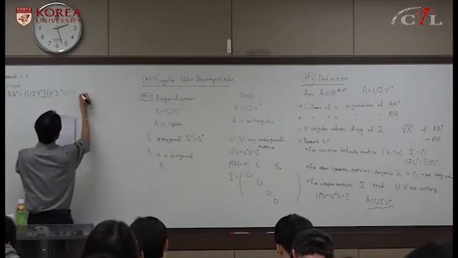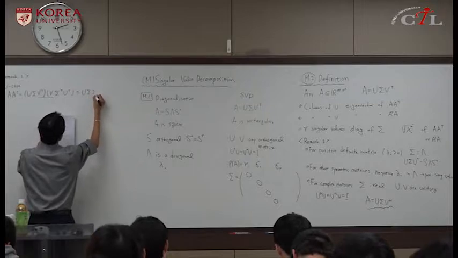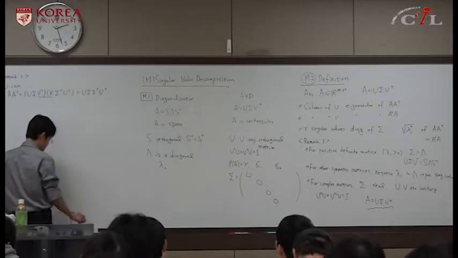Then the middle terms are identity, so U sigma sigma transpose U transpose.